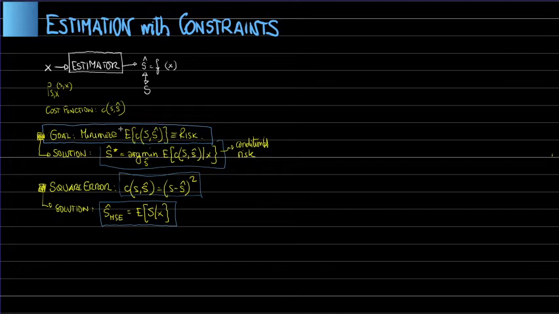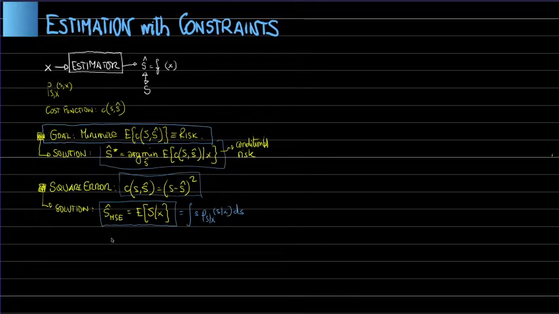This has some disadvantages because, although in many cases we can compute the minimum risk estimator, in many others the computation of these estimates is computationally intractable. We can see this by expanding it: the conditional mean is the integral of S times the posterior distribution P of S given X, and this integral may have no analytical solution in general.